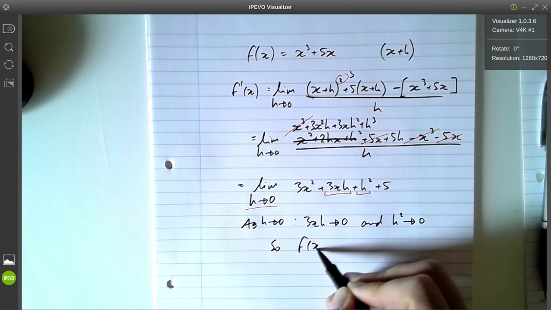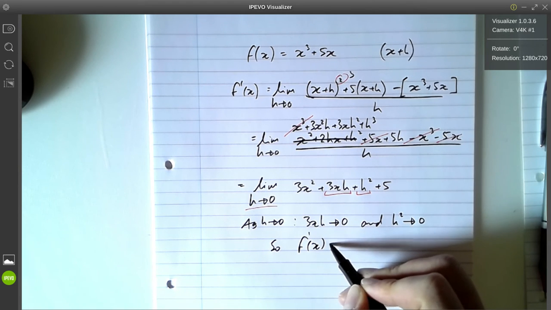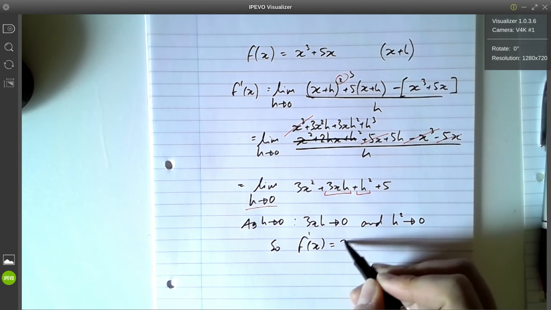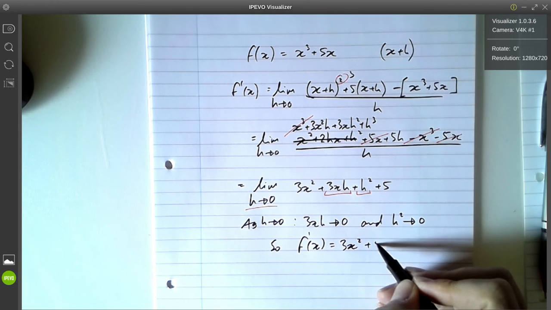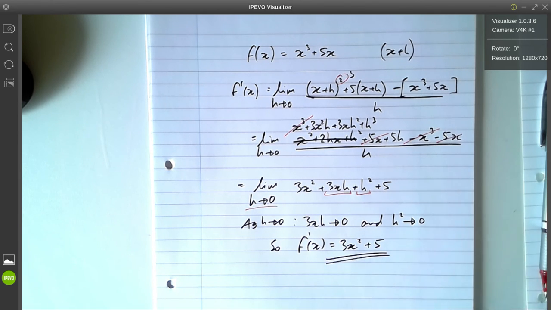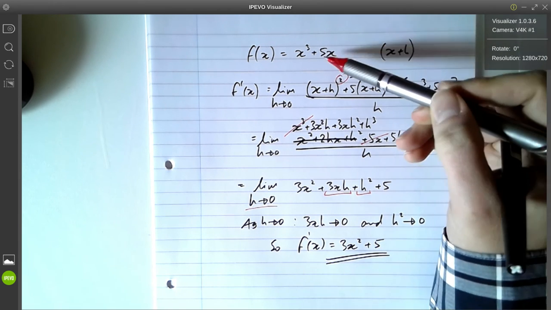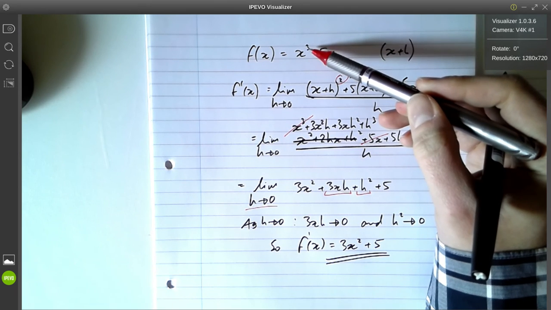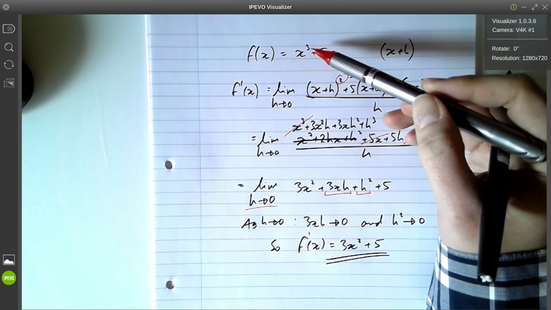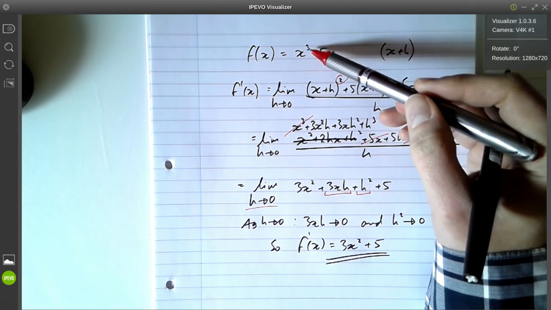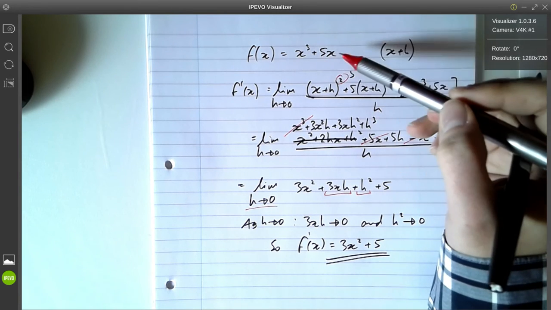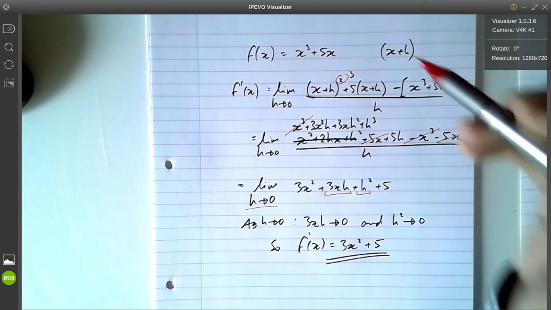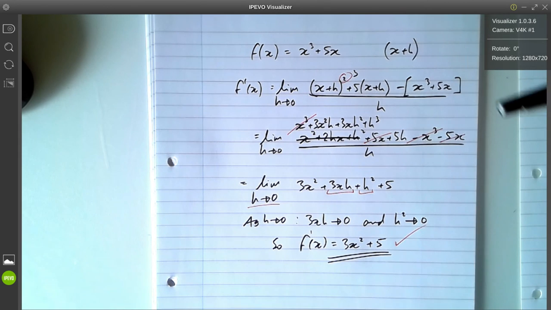So the derivative of our function would be whatever's left over, which is 3x squared plus 5. Okay, did that match up with what we wanted up here? If we just apply the differentiation algorithm to this, x cubed would go to 3x squared, and 5x just to plus 5. So actually, that's worked.